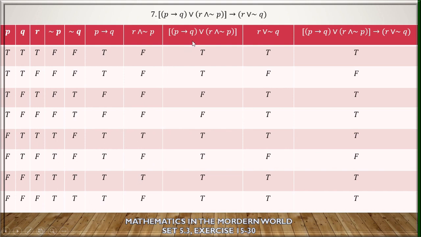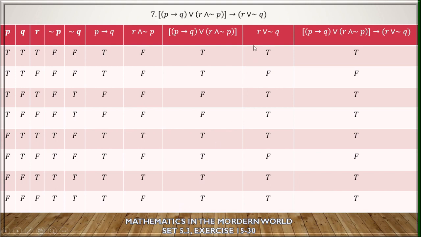Next is the disjunction of the conditional P then Q, or the conjunction R and not P. So true, false is true. True, false is true. False, false is false. False, false is false. True, true is true. True, false is true. True, true is true. True, false is true.